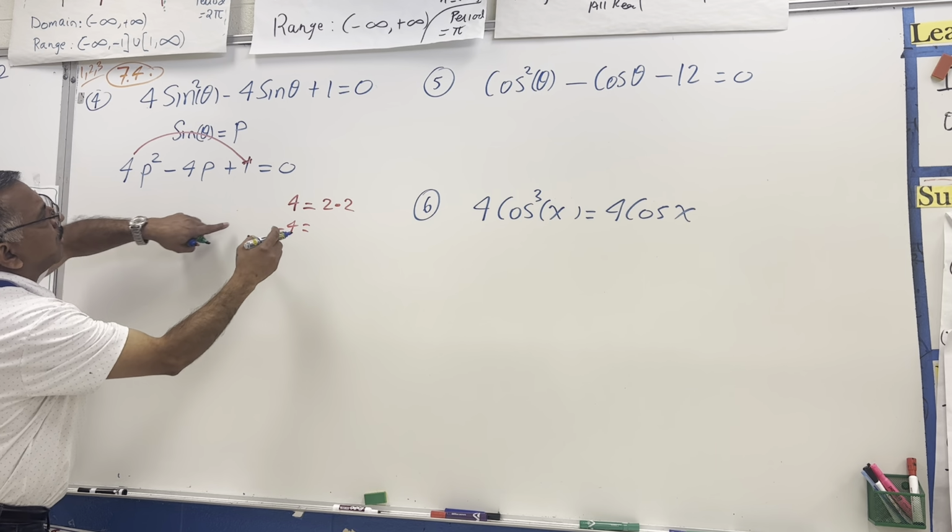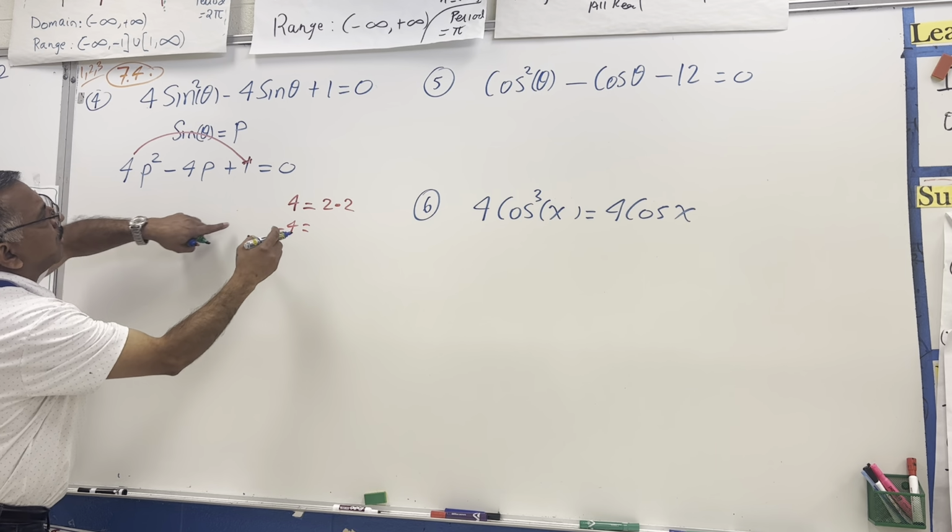The definition of sine is nothing but the y coordinate, and sine is positive in the first and in the second quadrant. So one of the angles you can think of is in the first quadrant and the other in the second quadrant.